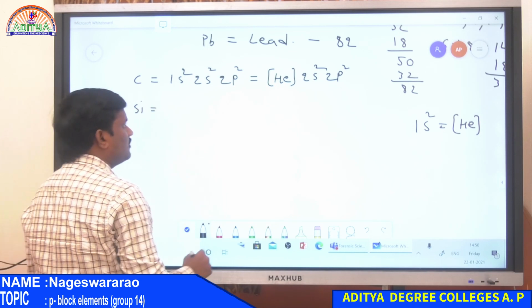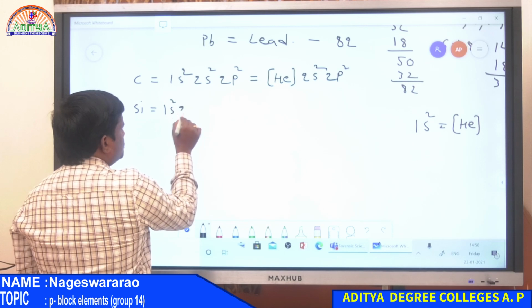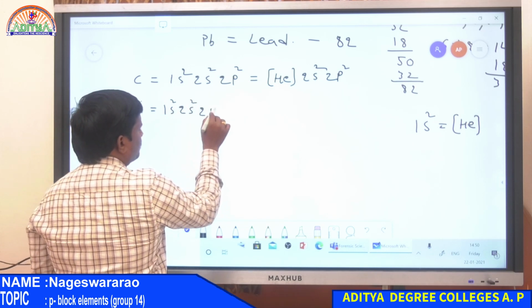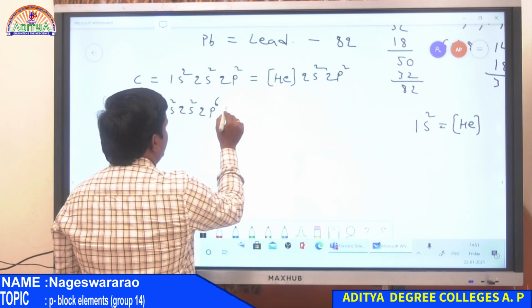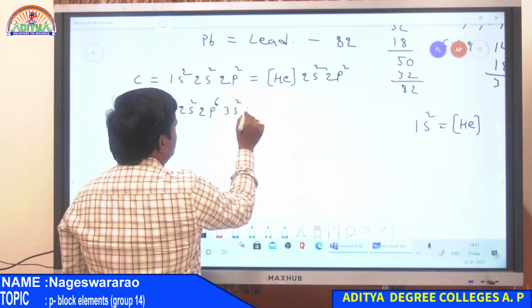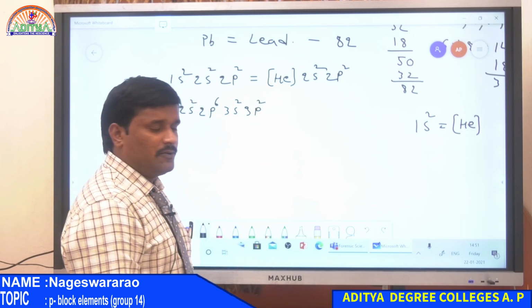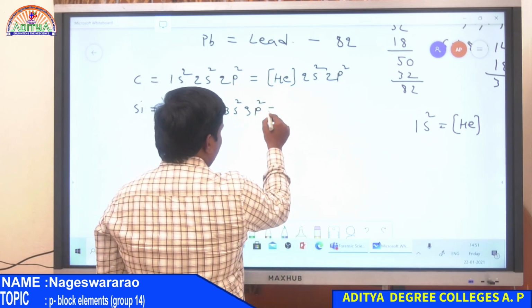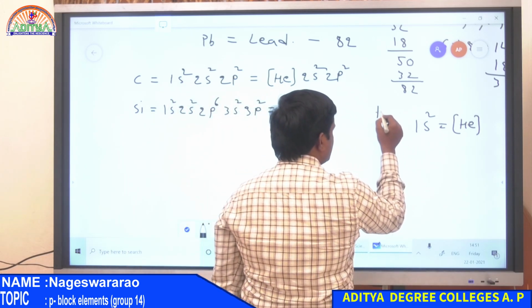For silicon the atomic number is 14. Therefore configuration is 1s2, 2s2, 2p6 up to 10. Next, for the remaining 4 elements, it is 3s2 3p2. So simply this is written in terms of noble gas. So what are the noble gases?